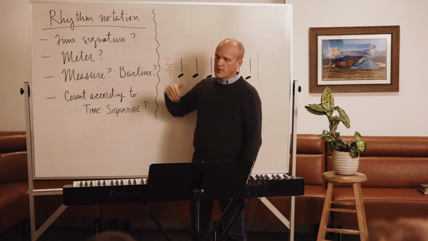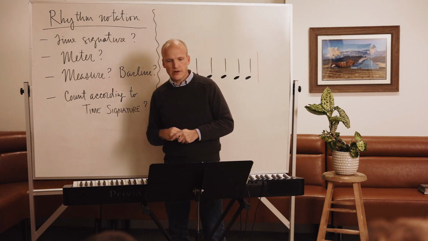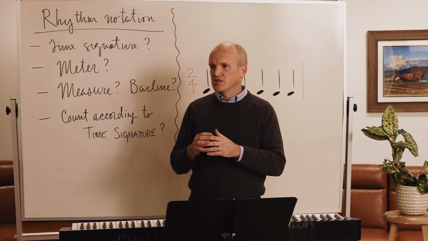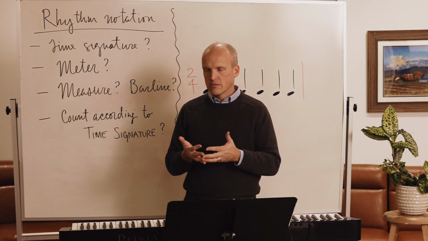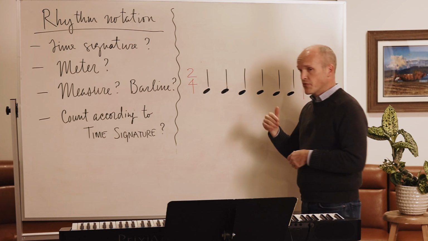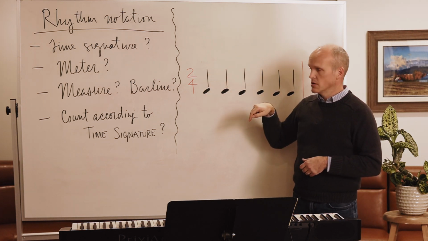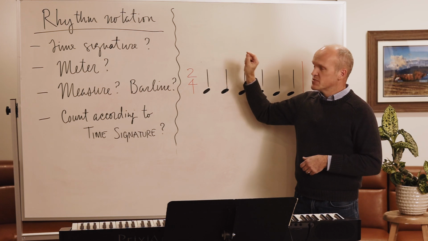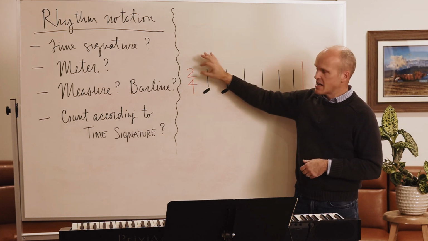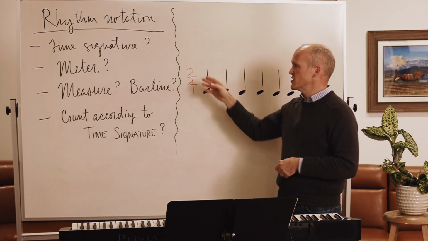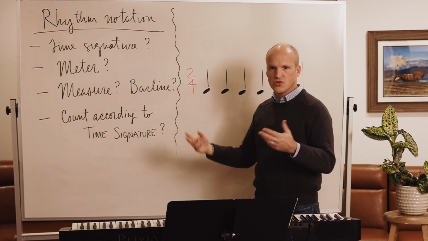But like poetry, we also have meter. The meter of the music has to do really with the top number of the signature. So for example, if we have 2 over 4, we're talking about 2 quarter notes. In terms of the meter, we're concerned with the top number. So we call this duple. So 2 stands for duple.